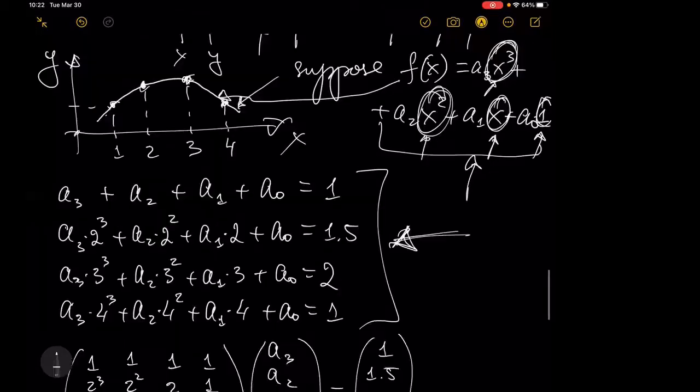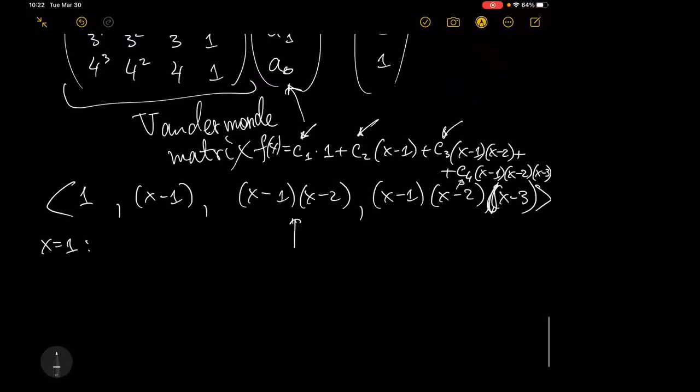If you multiply everything out in these brackets, in the end you will get exactly the same polynomial. So it's just a different way of writing the same thing. Different basis, but the same polynomial. Yeah, in the end, it will be the same polynomial.